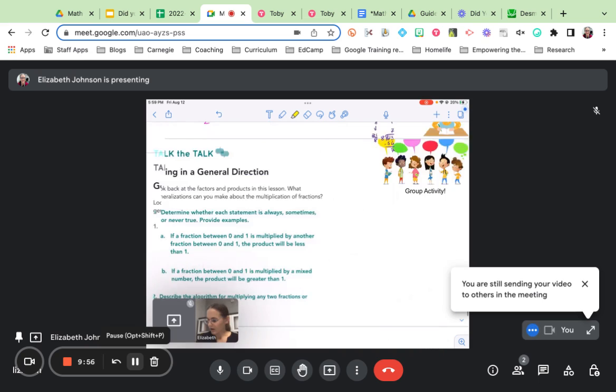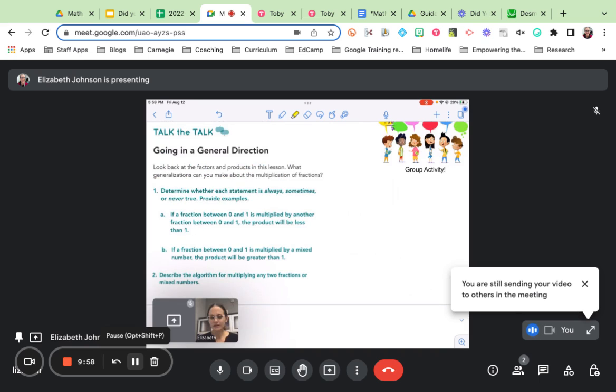All right. If you've hit play, that means you're ready for the demonstration of learning. This demonstration of learning will be done with a group. And here's what you're going to do. You're going to look back at all of the factors and products from this lesson, and you're going to see what generalizations you can make about fraction multiplication. And your task as a group, you may not agree, is are these statements always true, sometimes true, or never true?